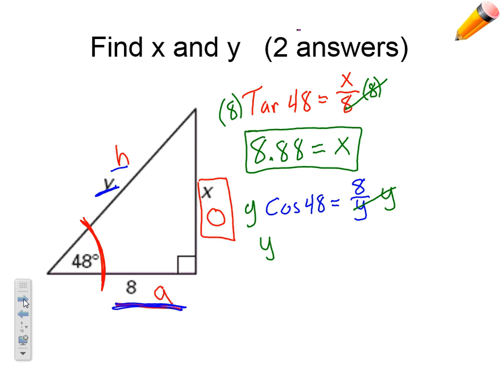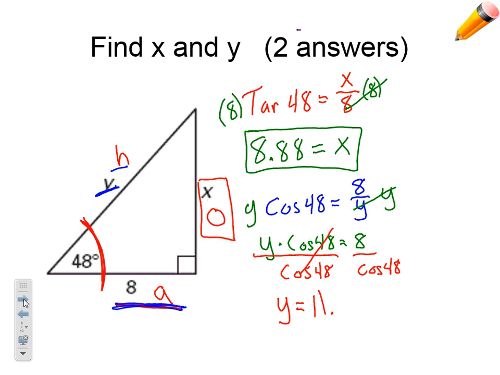I get y times the cosine of 48 equals 8. Divide both sides by the cosine of 48 to get y by itself. Those cancel, and y is going to equal 11.96. So I have found both my x and y.